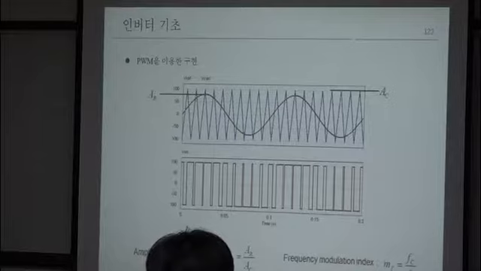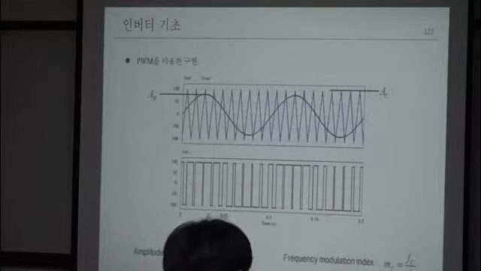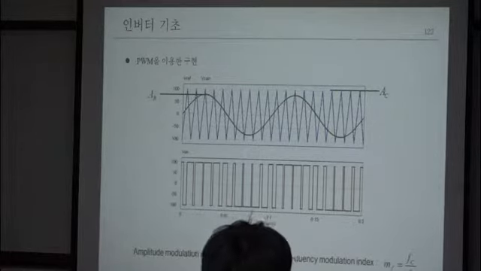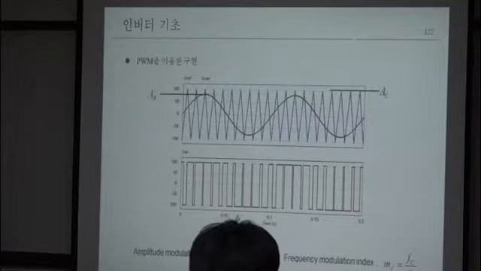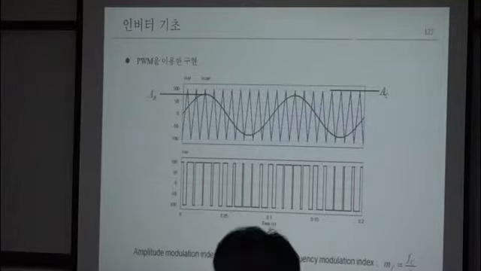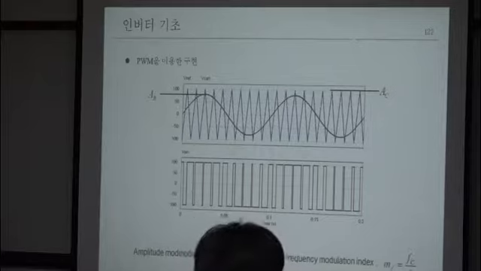And if your reference is reduced like this, then your output will be like this, right? Then by doing this implementation, you can adjust the duty ratio.